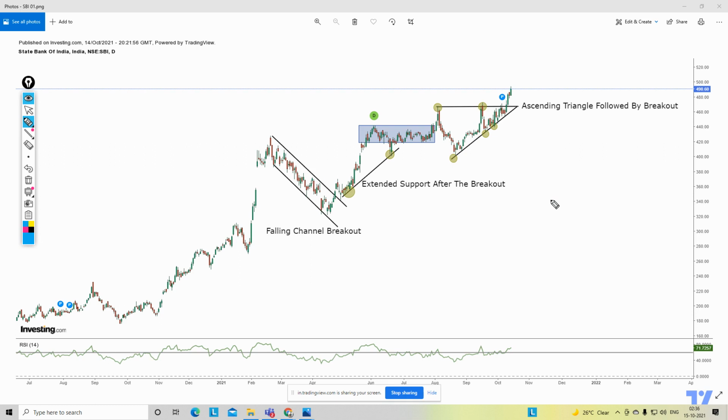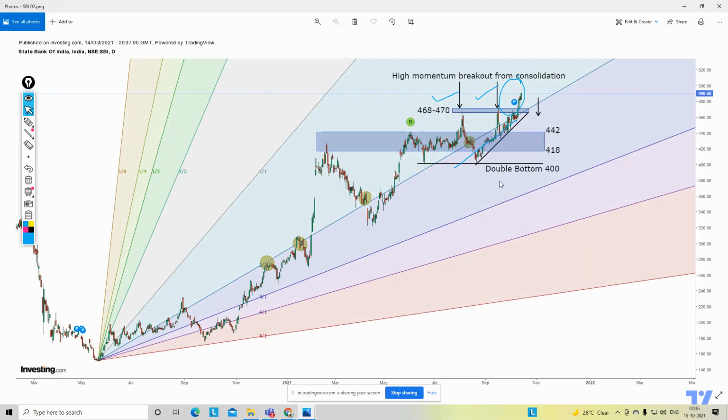Now, there's another thing which is happening: SBI gave the breakout of the ascending triangle pattern. So this was the resistance and this was the ascending channel. So just now what we saw over here, that it gave the breakout, correct?